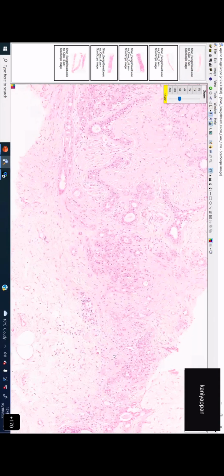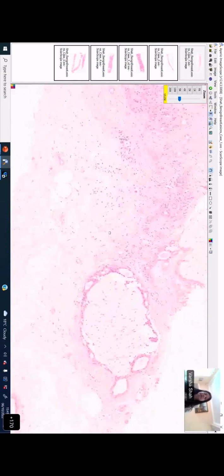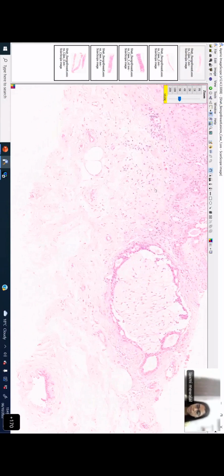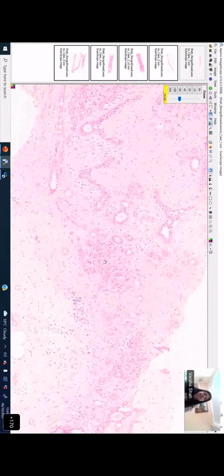Lakshmi, go ahead. One of the ducts shows mixed change, and there is partial absence of epithelial lining in one of the ducts.